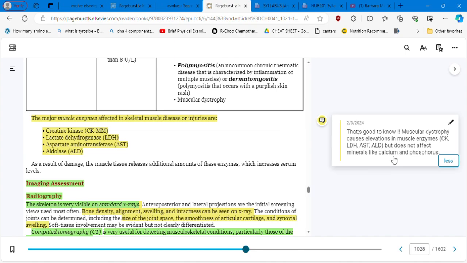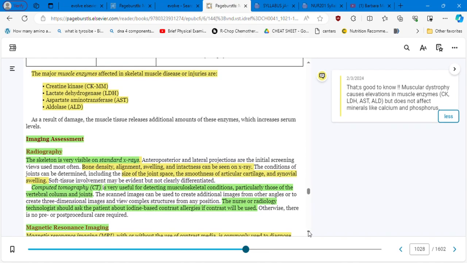That's why calcium and phosphorus is not affected. We are not talking about bones. When we talk about muscle enzymes, we are talking about creatinine kinase, lactate dehydrogenase, aspartate aminotransferase, and aldolase. Okay?